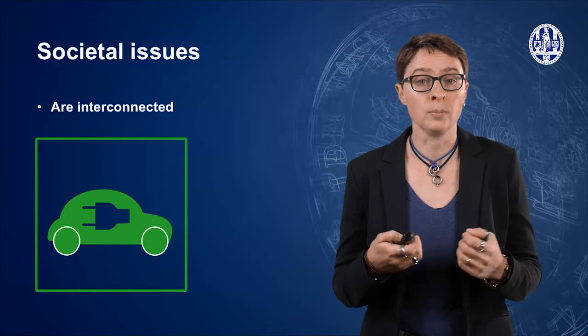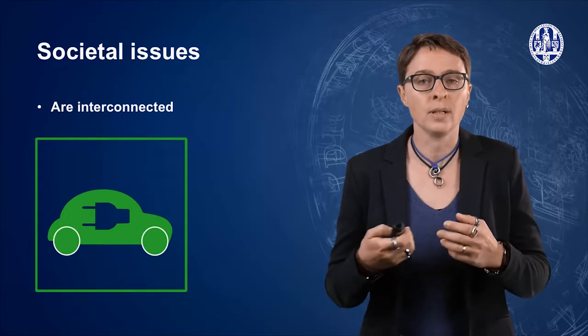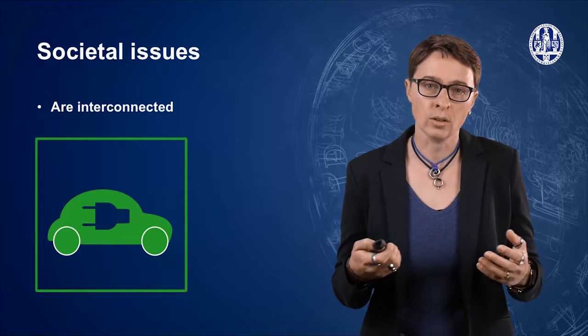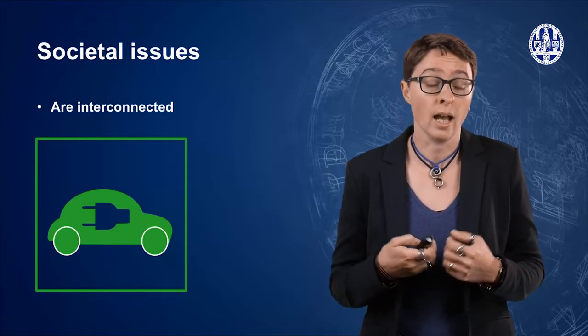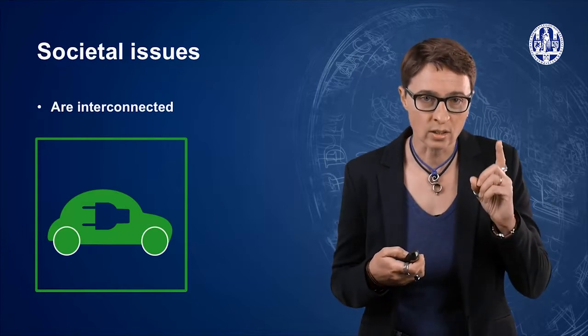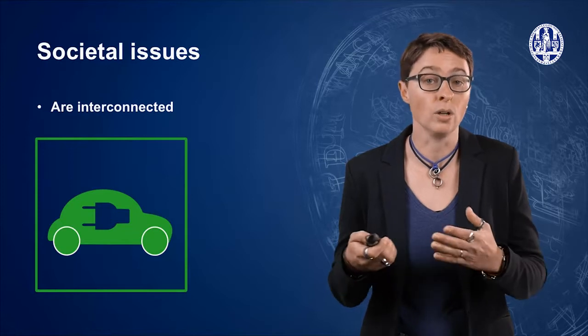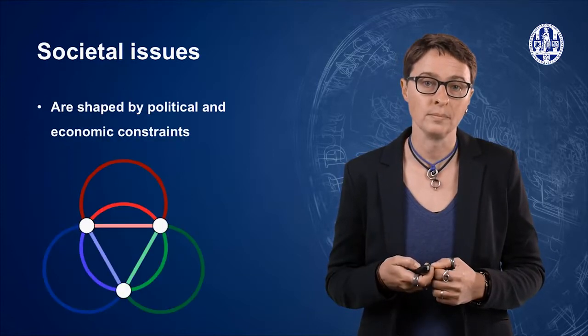You could get more people to buy a green car by giving them a subsidy for doing so. But if you do, this may greatly increase the number of vehicles on the road and thus lead to significantly more traffic jams. A single intervention, therefore, has multiple effects and potentially leads to other societal issues.